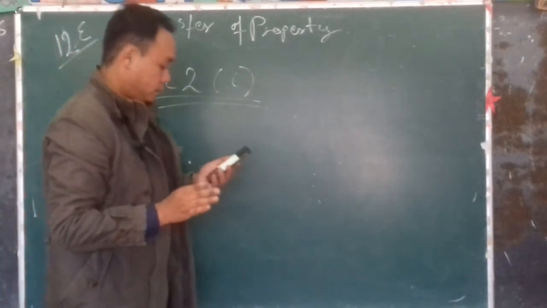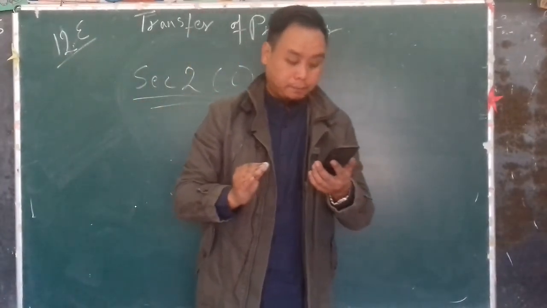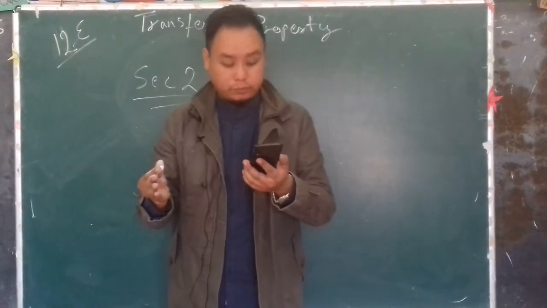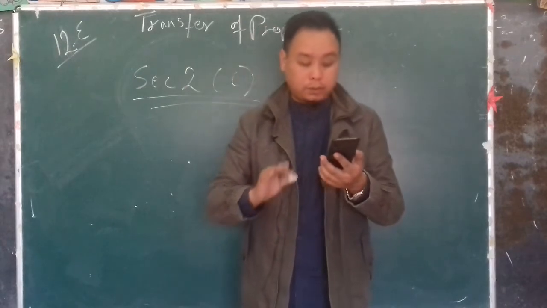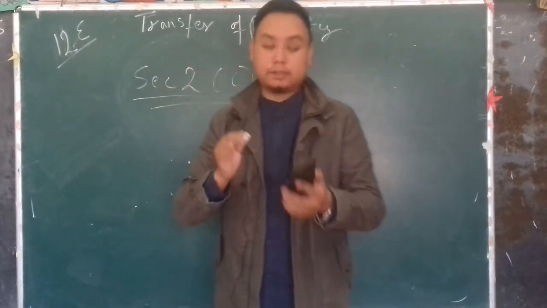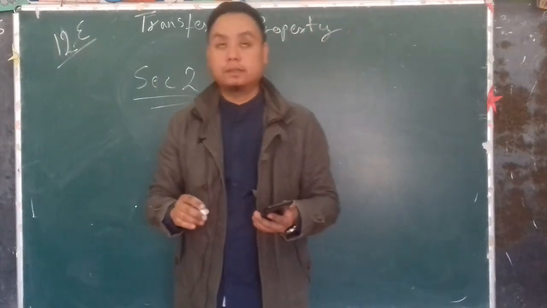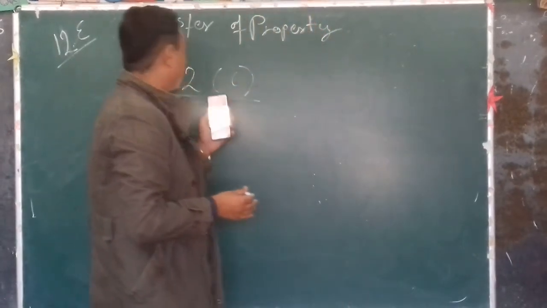Alright, what does it define? Property means property of any kind, whether movable or immovable, tangible or intangible, and includes any right or interest in such property. So this is the definition under the Benami Transaction Act section 2 clause C.